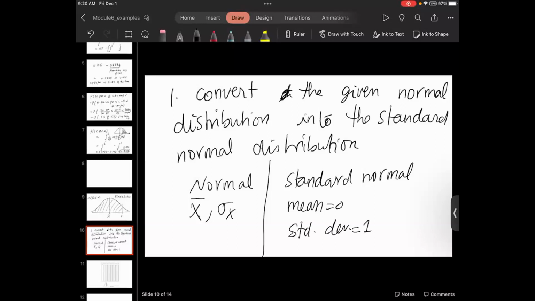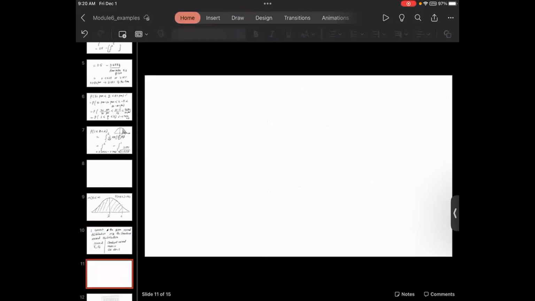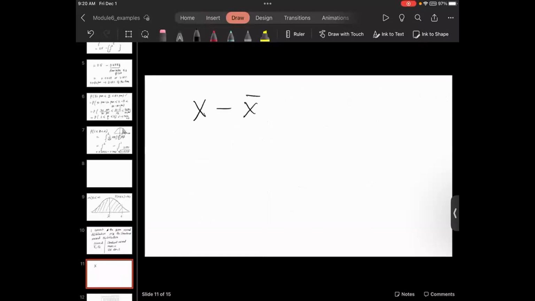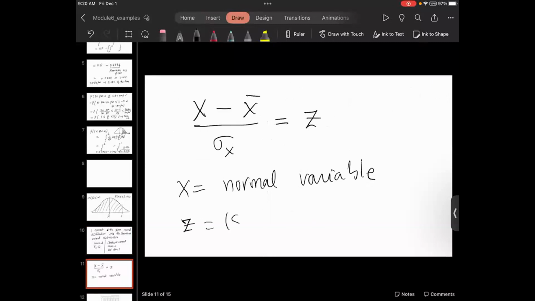And how do you do that conversion? If you have a variable x, then x minus x bar divided by sigma x we'll define as z, where x is the normal variable and z is the standard normal variable.